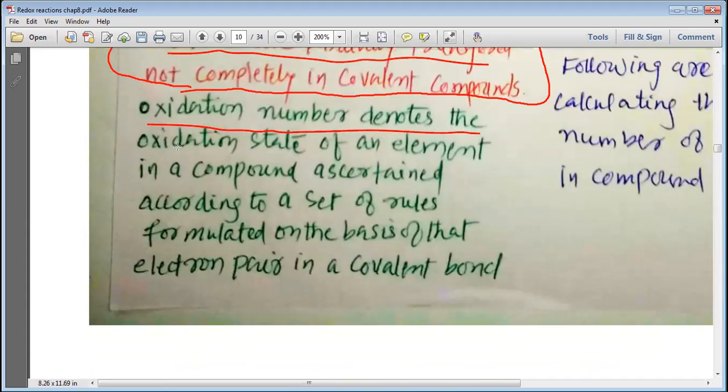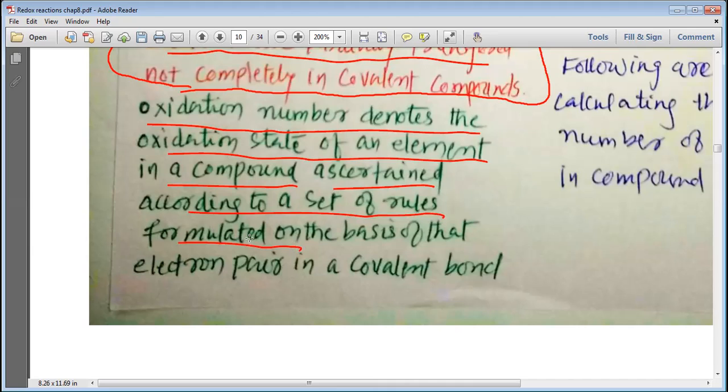Oxidation number denotes the oxidation state of an element in a compound, ascertained according to a set of rules formulated on the basis of the electron pair in the covalent bond.